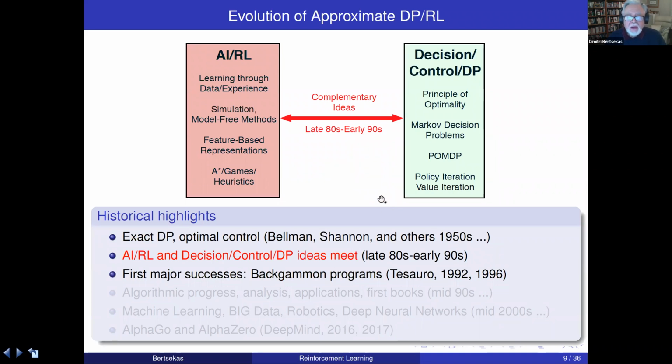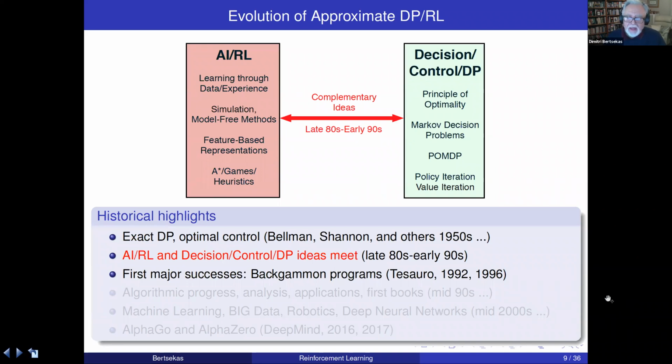And now all of this would probably go dormant for a while, except that there was this major success on backgammon by Tesauro in the early 90s. And Tesauro's work was just as impressive, perhaps even more impressive, than what AlphaZero has been in recent years. Tesauro's work was the AlphaZero of the time.